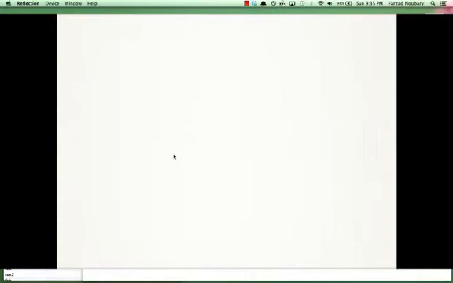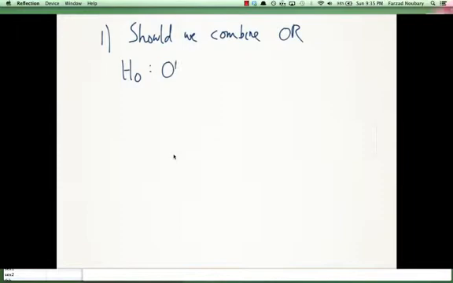So just to summarize, in step 1, we're trying to ask the question, should we combine the odds ratios? And so that's where we do this test of homogeneity, which asks the question, is odds ratio 1 equal to odds ratio 2 equal to all the way up to odds ratio k?